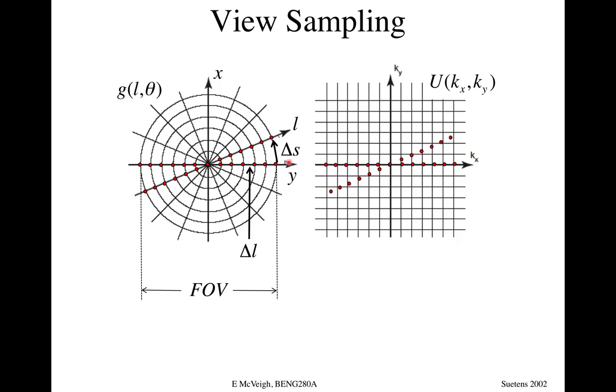Another way to think about it is, suppose instead of thinking about it in this polar space, we look at what's going on in Fourier space. We know from the projection slice theorem that in Fourier space, the Fourier transform of this projection just sits here, and the Fourier transform of this projection sits here, right? If we want to adequately invert this function, right, with an inverse Fourier transform to go back to our picture, we need to be able to interpolate the data that we've measured onto this rectilinear grid, right?